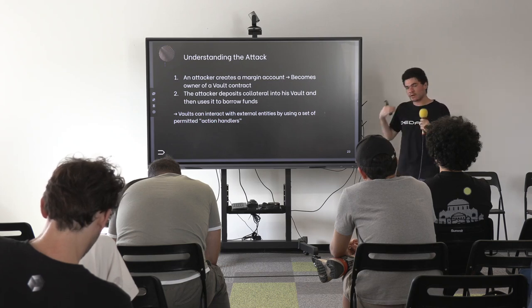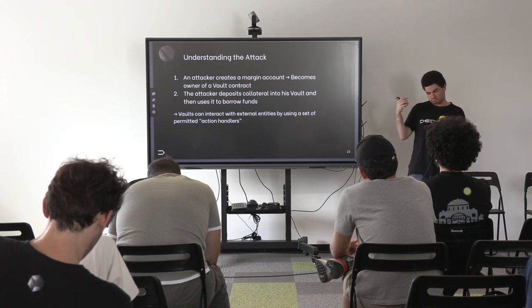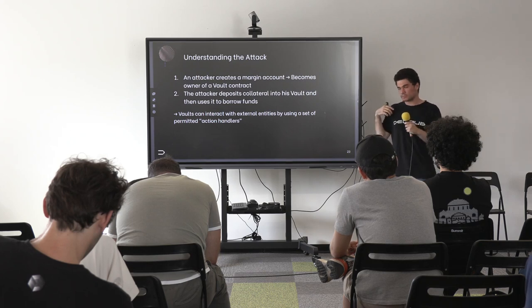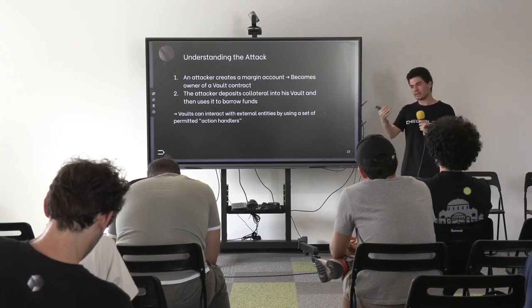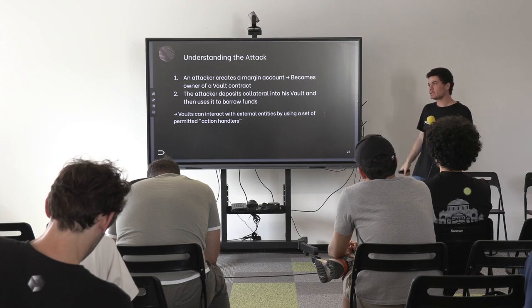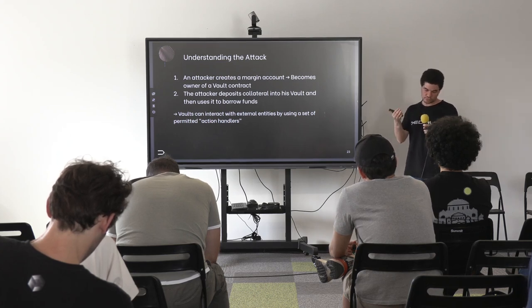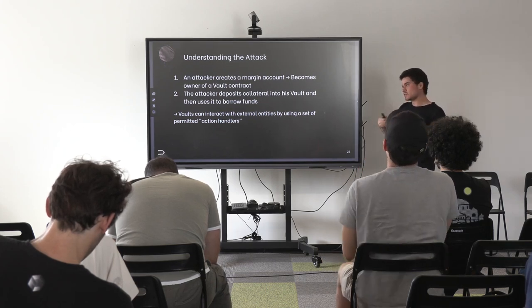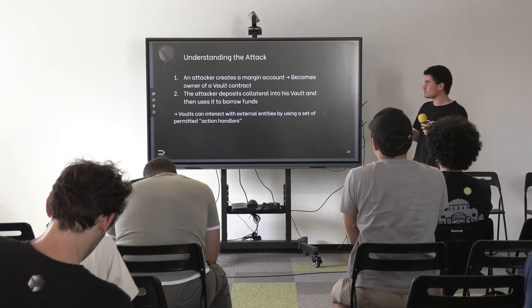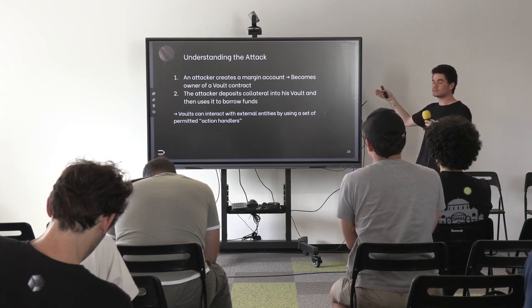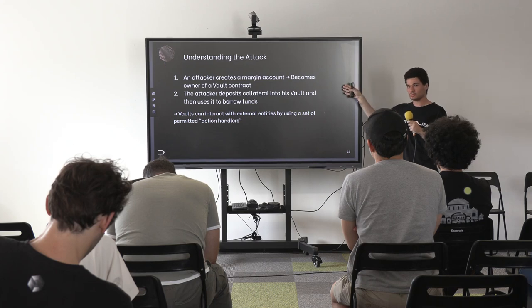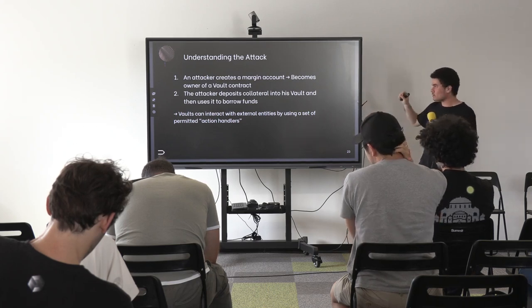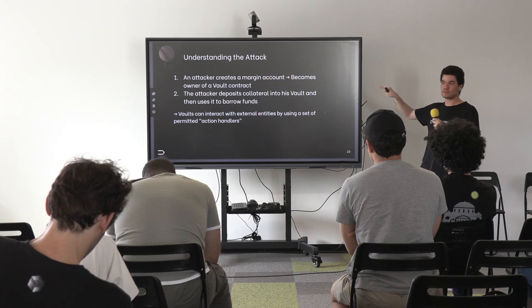So Arcadia Finance is a protocol that lets you lend and borrow funds. And in order to do so, you have to have a margin account. A margin account is materialized into a vault contract that is being deployed for you by the protocol, and you are assigned the owner of that contract.